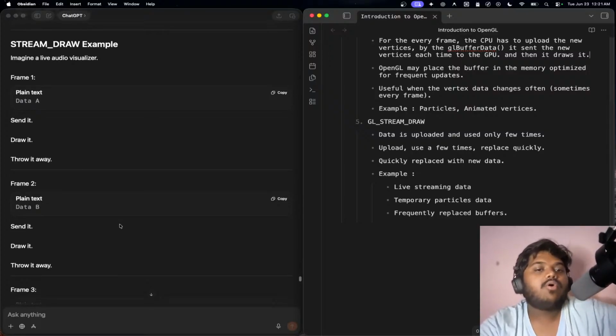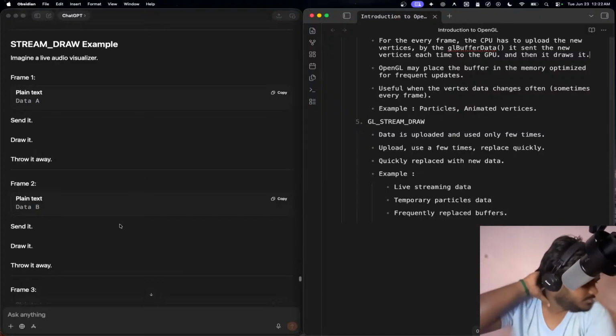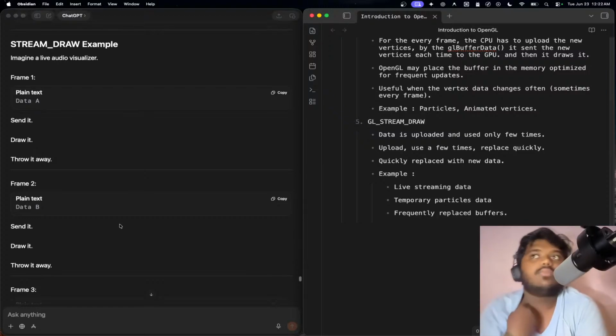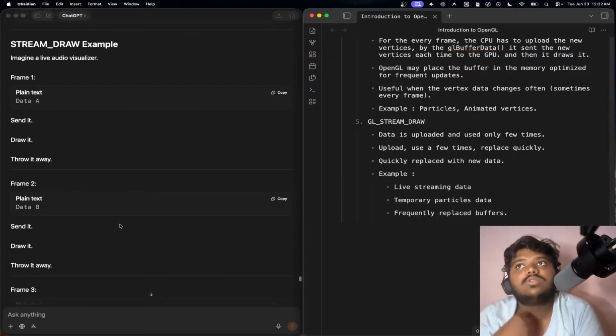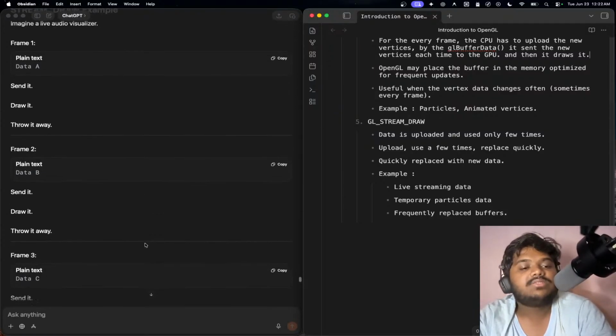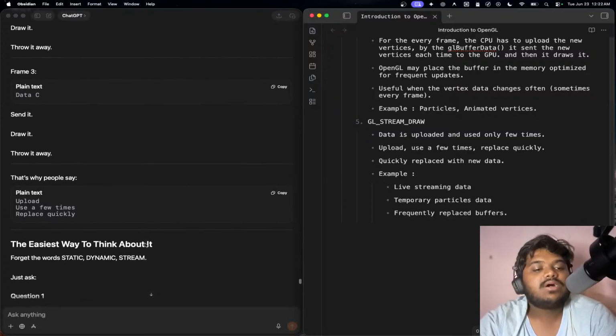Imagine a live audio visualizer. So that means we are trying to do something. Frame 1, frame 2 and frame 3. That is why people say upload and use a few times and replace quickly.